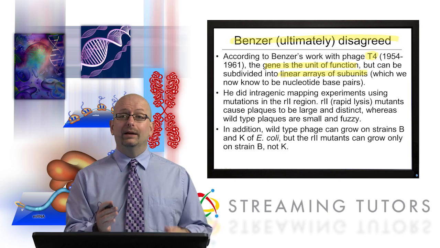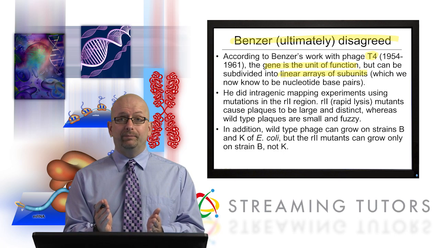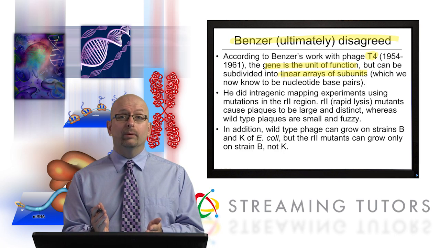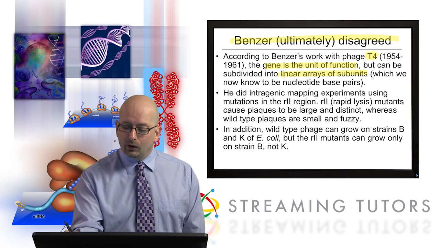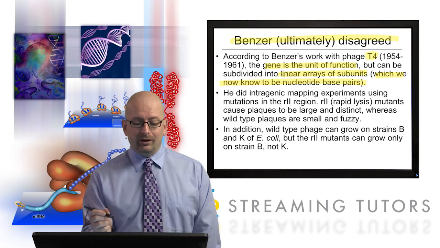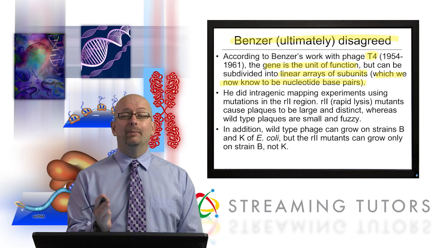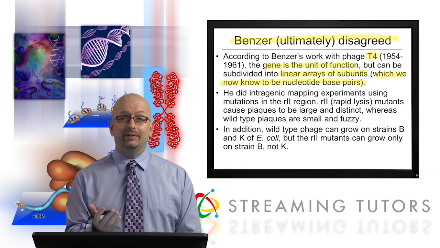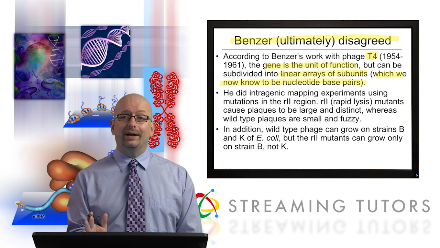In other words, it's not the unit of recombination or mutation. We now know, remember what time frame we're talking about here, it was right about the same time that the structure of DNA was being elucidated, but it wasn't so widely known.